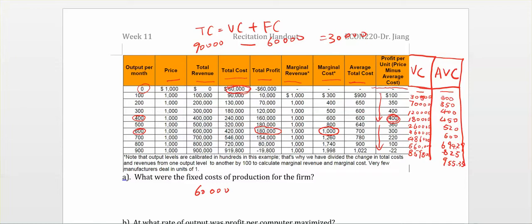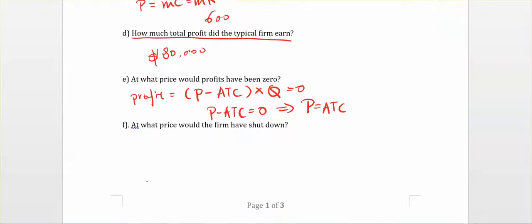The lowest average total cost is $600. So $600 is our minimum average total cost, which means when the price equals our minimum average total cost, we will have zero profit.